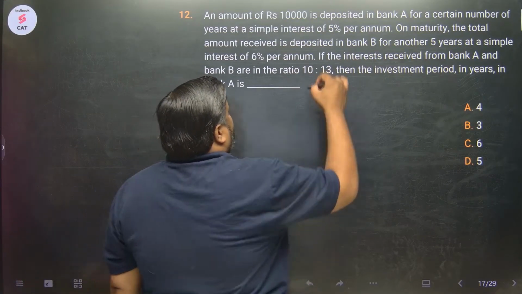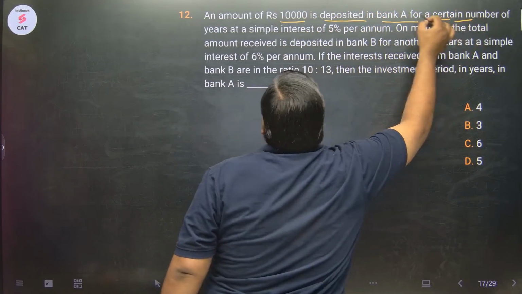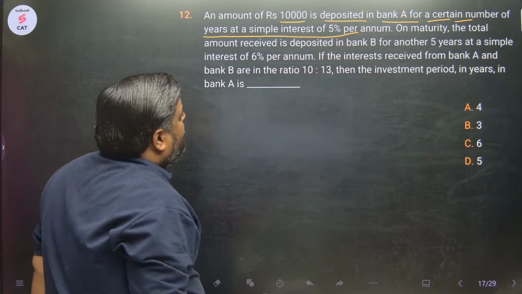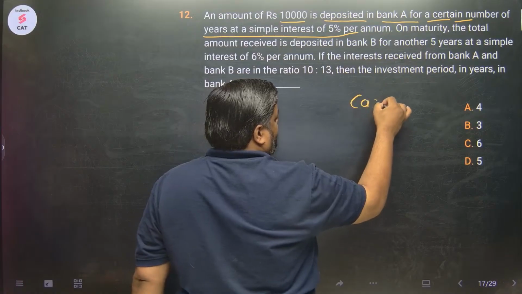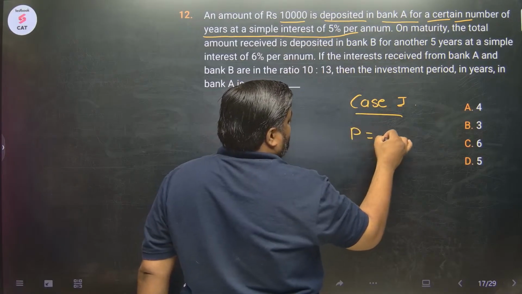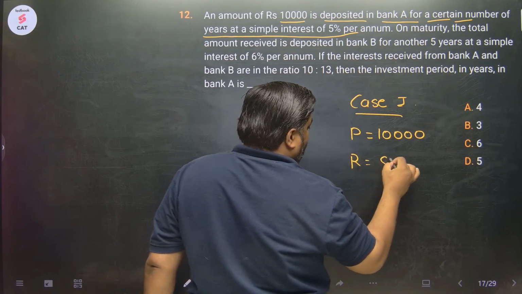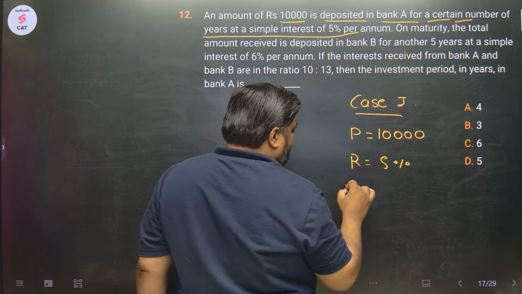An amount of 10,000 is deposited in bank A for a certain number of years at simple interest of 5% per annum. Okay, case 1. Principal is 10,000. Rate is 5% per annum. So, एक साल में what would be the money earned?